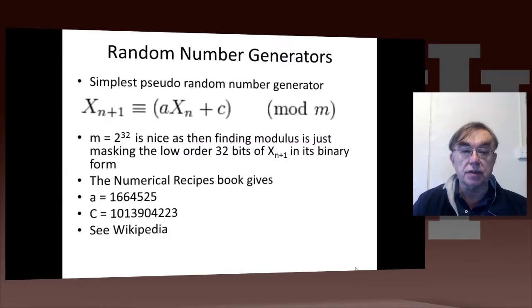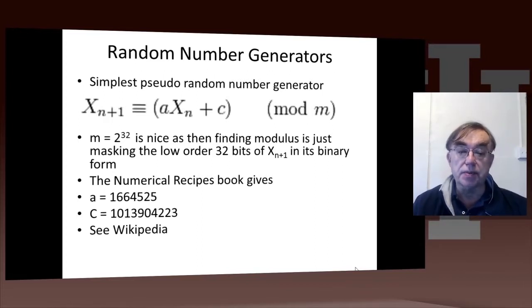This comes from the Wikipedia article on random number generators. And the simplest one, which is what I used to code up in, say, C, was that you form a sequence of numbers just by taking the current random number, multiplying it by an integer a, adding a constant c, these are all integers, and then taking the modulus with respect to a certain value.